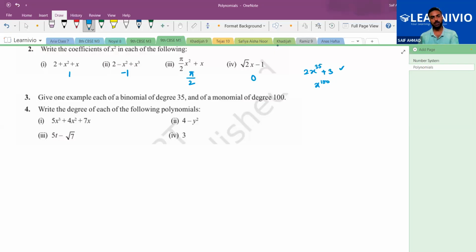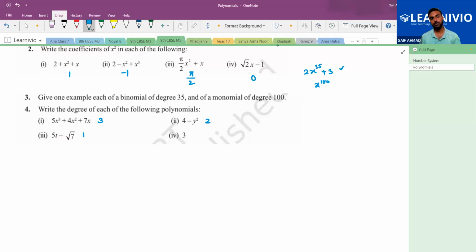Nokia, what is the degree of the first one here? 3. Suleiman, what is the degree of the second one? 2. Muhammad Ali, what is the degree of the third one? 1.